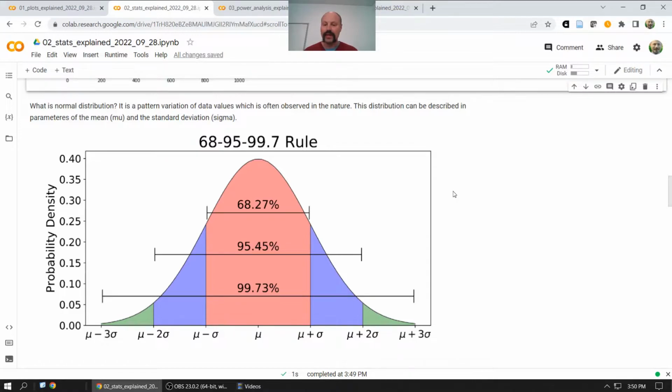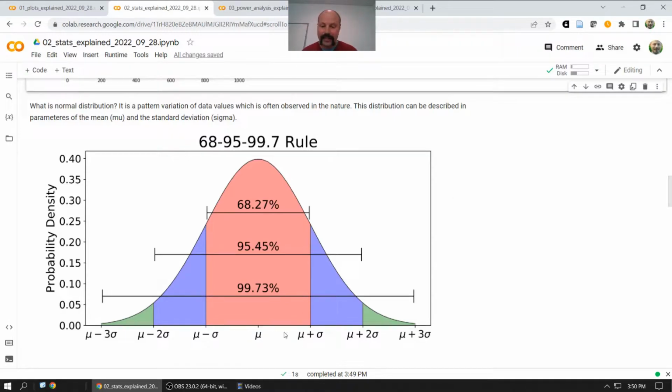Now, what can be qualified as normal distribution follows certain rules of how much data is observed within the range of 1, 2, or 3 sigma, or standard deviation.